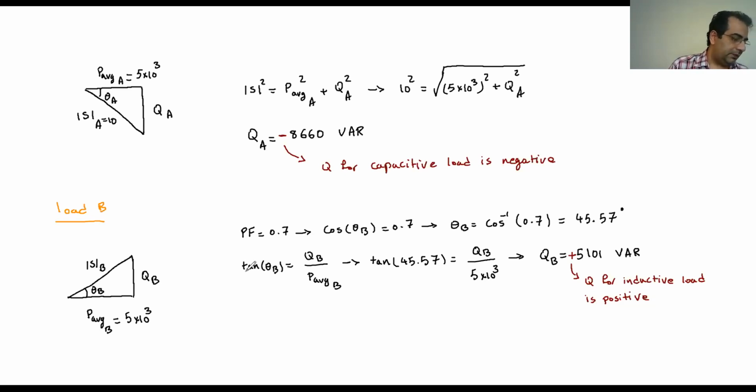If we want, we also can calculate this S value. If we need it, we can calculate the S value for the B similar to that. So I'm going to just write it here: the S value for the B is equal to the square root of the P average for the B squared plus the QB squared, if we need that. So we can do that.